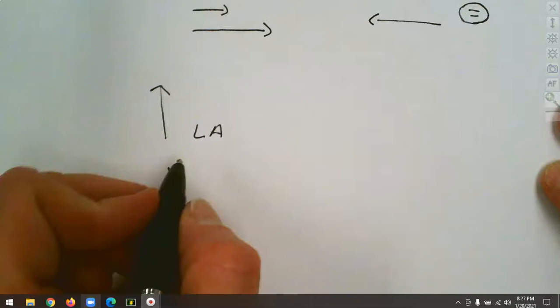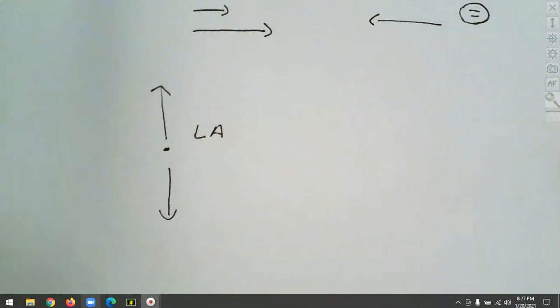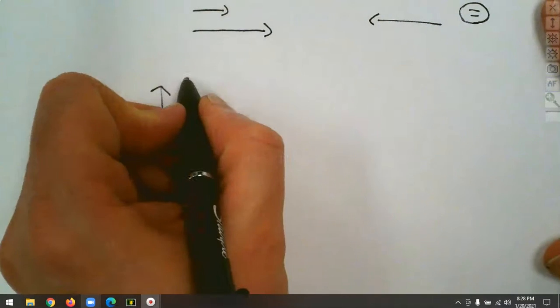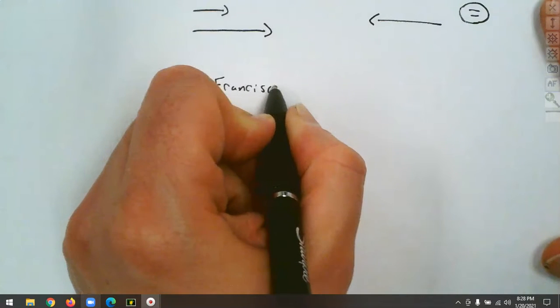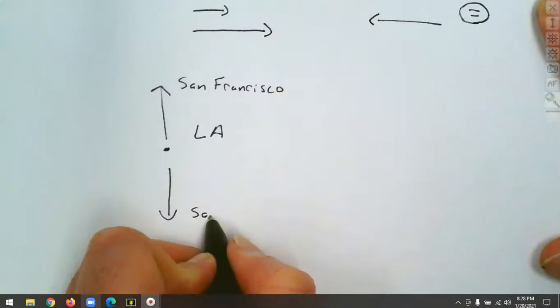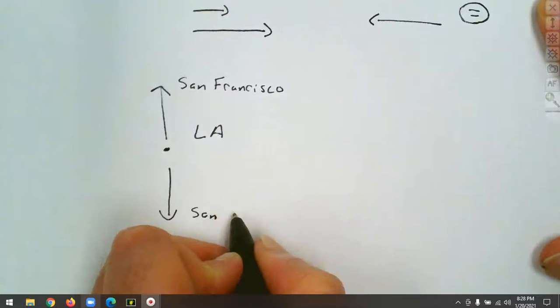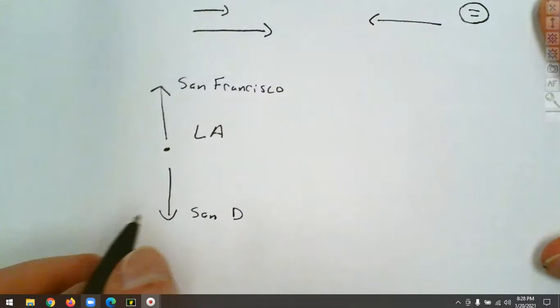We're going to start here in LA, and we're either going to go north to San Francisco or south to San Diego. So we'll diagram this out.